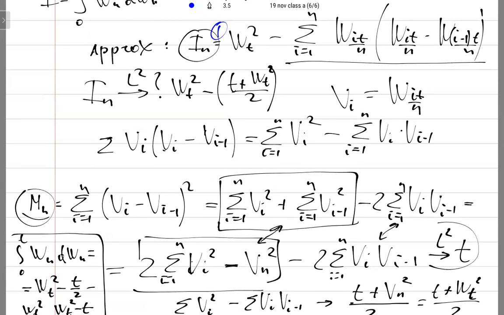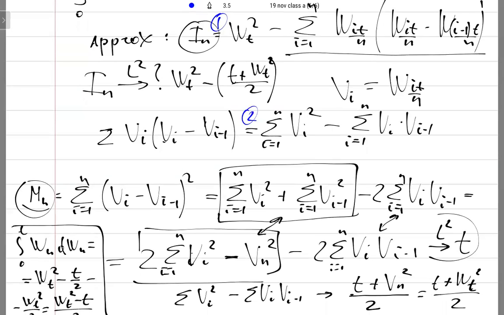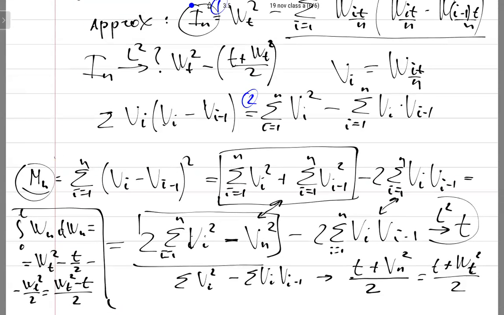First step, then second step, then third, fourth, fifth, 6, 7, 8. Okay, which step is not clear, Alexandra? Transition 5.